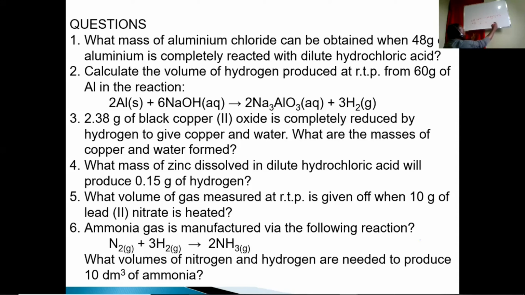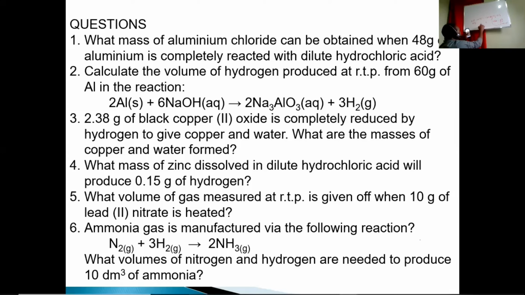So we can find the mole of aluminum, which is the mass 48 divided by the molar mass of aluminum, which is 27. That gives us 1.777, so that's 1.78 mole. That's the same amount of mole for aluminum chloride.